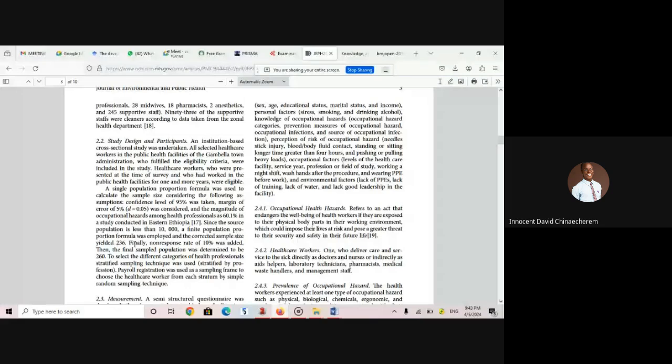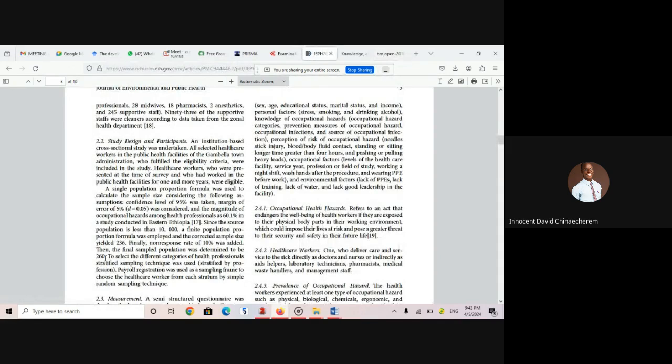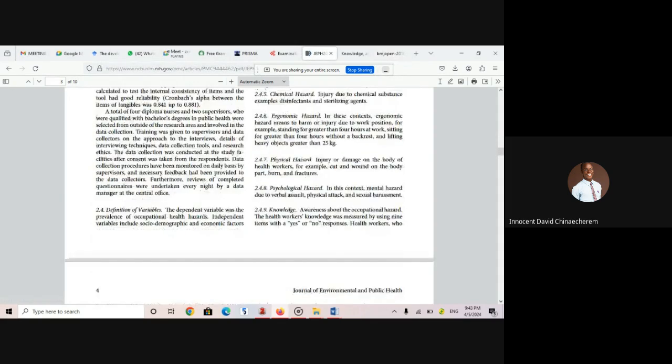So the sample size was 260. This is when the response rate was added. Now remember that the question in the domain is: does the response data, meaning the people that answered the question after we've adjusted for attrition, raise any concern about non-response? Let's check this versus the total number of people that responded.